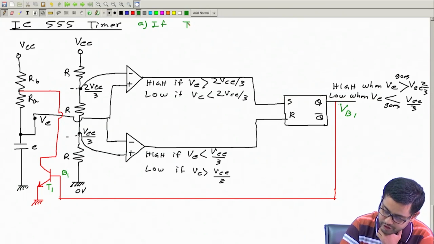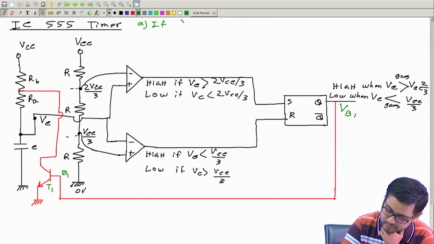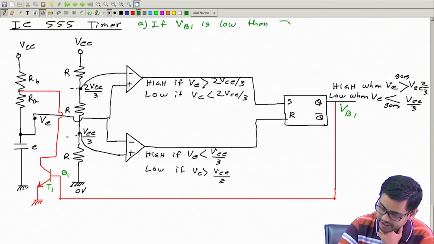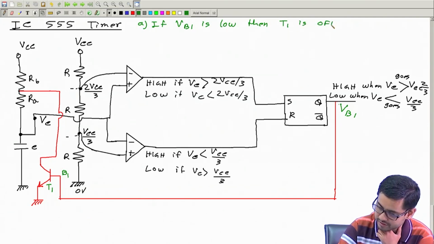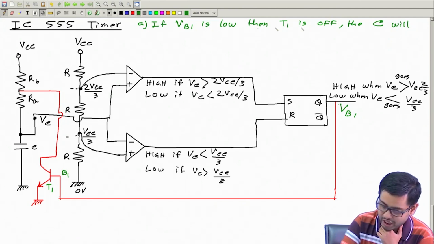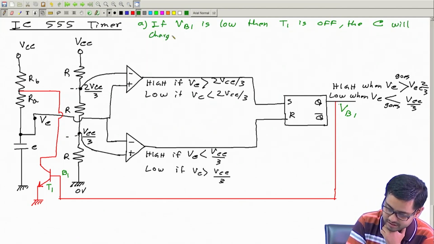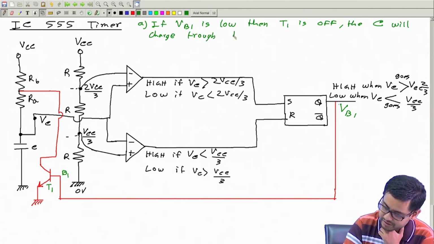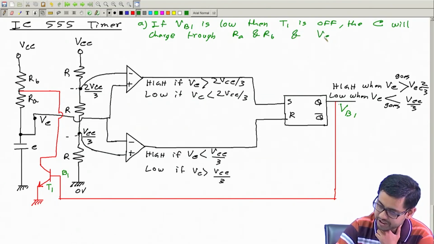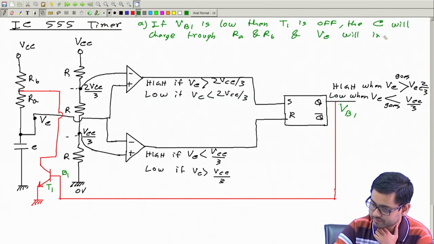Say if VB1 is low, then T1 is off, then capacitor C will charge through RA and RB, these two resistances, and therefore Vc will increase.